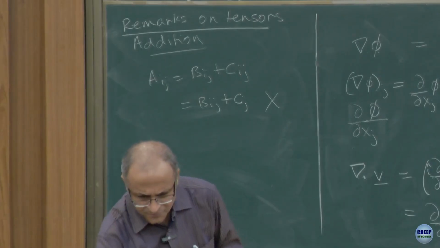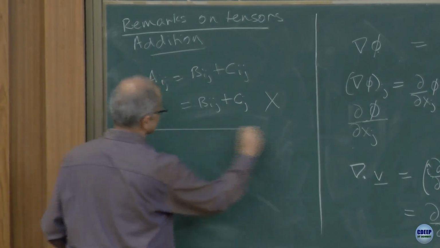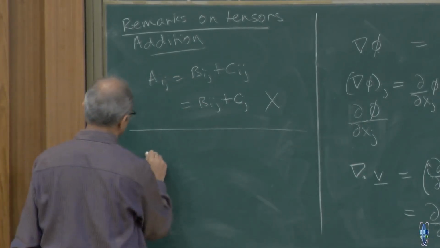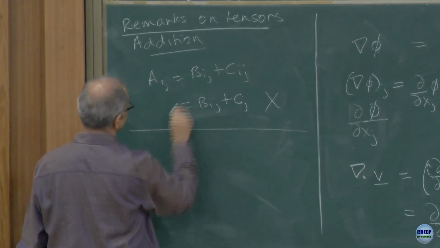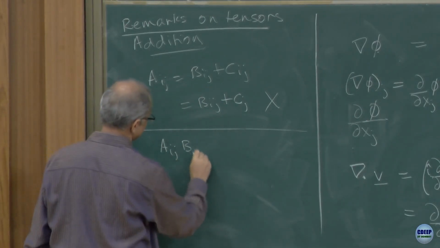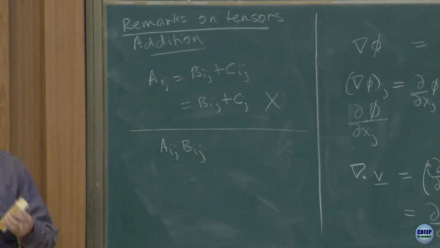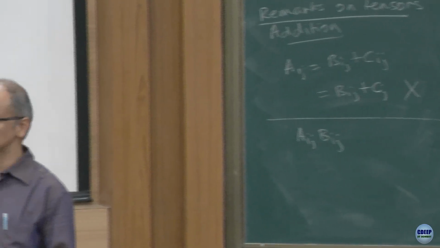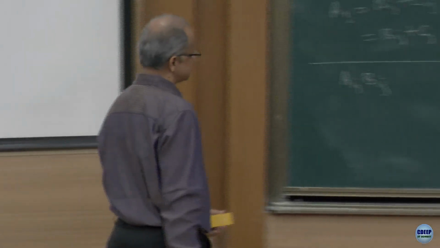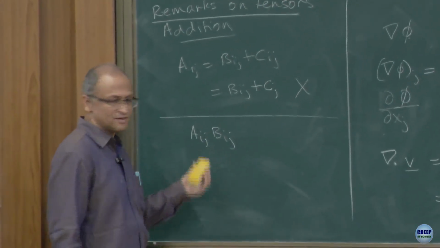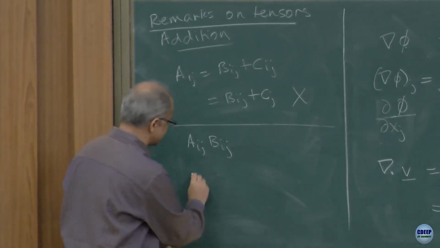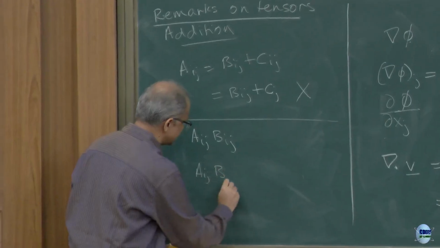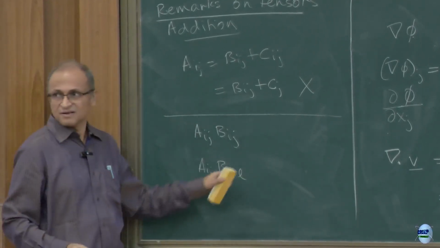Now we can also do inner and outer products, just like we have done earlier. For example, I can multiply a_ij with b_ij. Just like I multiply a scalar to a vector, I can multiply a scalar to a second order tensor or a third order tensor. That's not an issue. I can multiply tensors of different order, but I cannot add up tensors of different order. So this is fine, for example, and this, with b_kl, is also fine.